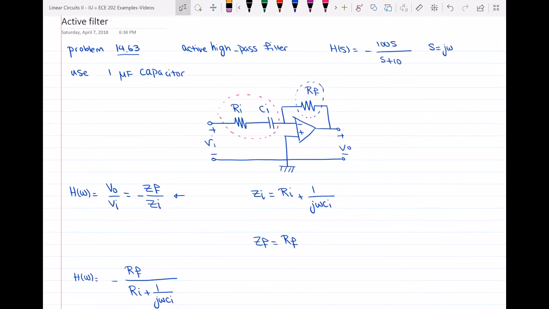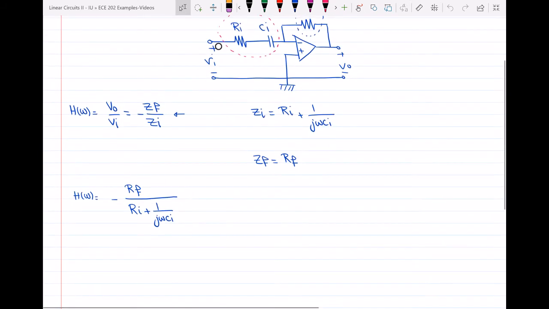Because in the statement of my problem, I only have the information about the transfer function. So I'm trying to write the transfer function of a typical active high pass filter, and then I can compare it with what I have in the question and then find R and C. Actually, we have C, so we only need to find RI and RF.